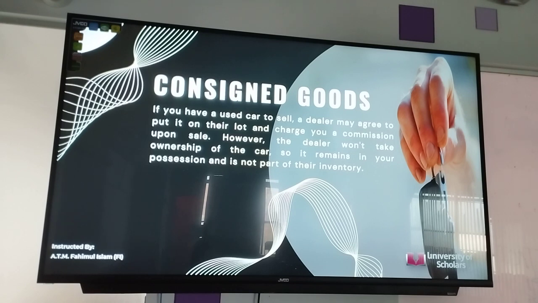So now you want to get rid of your car, so a car dealer makes you an offer that, sir, you can keep your car in our parking lot and we'll put a selling tag on that, but you have to give us a parking charge or a commission so that we can sell your car, and in return we will get a small percentage.